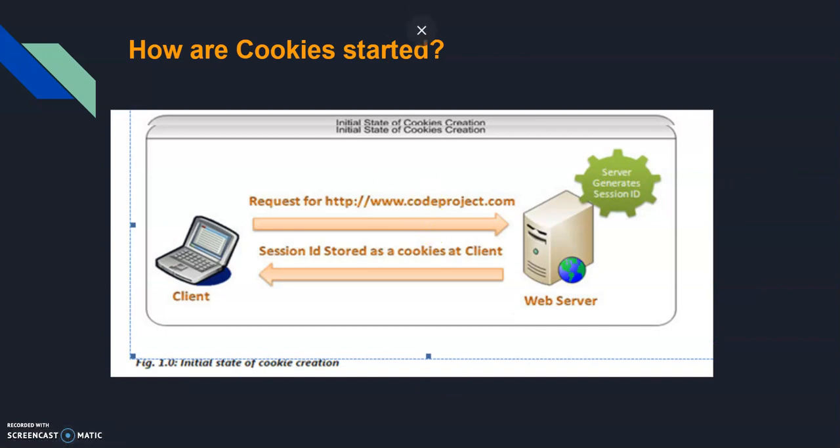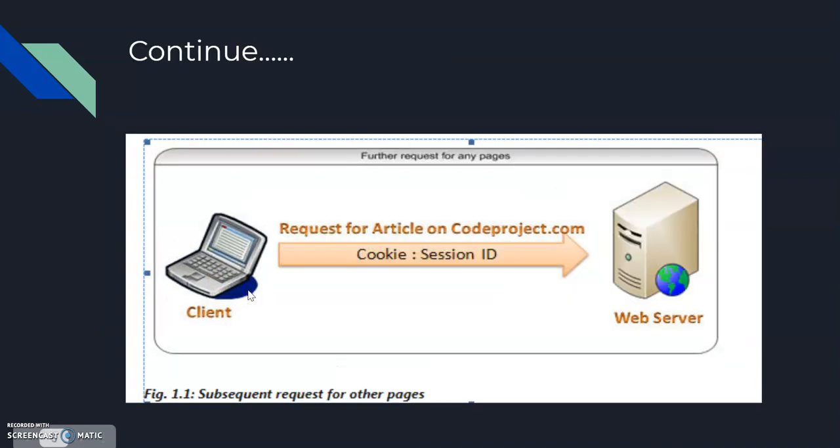Okay, how exactly does a cookie get started? This picture shows a client and a web server. The client sends a request to the website codeproject.com. Once it is visited, the server will generate one session ID, a session number. That will be a unique number for every user. It will be randomly generated and sent to the client along with the response. So this session ID and some set of information will be sent to the client and the client will store that information.